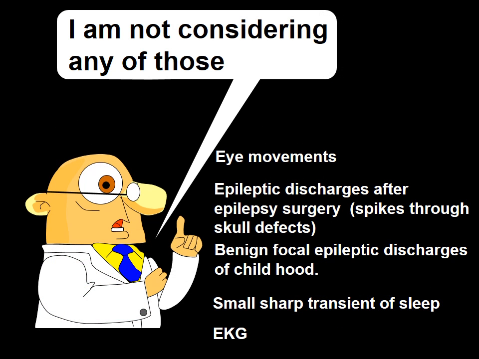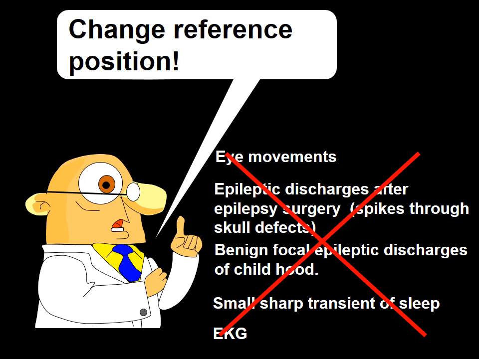So, in cases that you are not considering one of the situations listed in this frame, the best you can do is to change the position of the common reference electrode when you encounter a wide phase reversal.